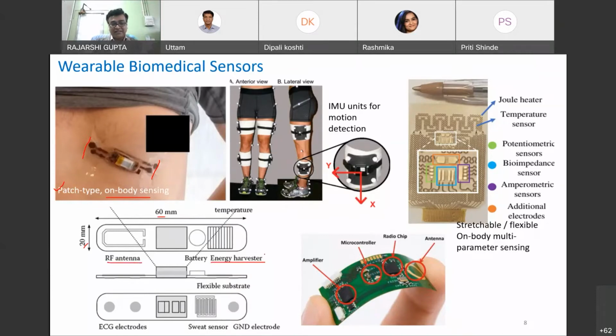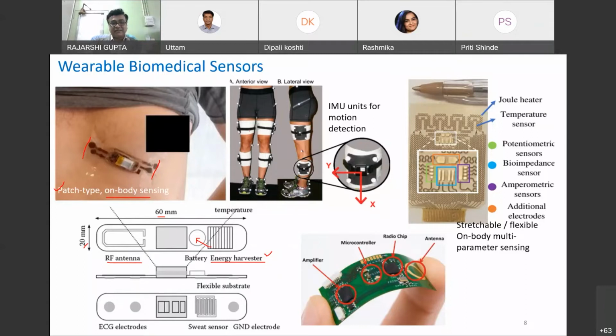This energy harvester is used for collecting energy from ambient sources, like changing magnetic field, sunlight, or some other RF sources. And this energy harvester basically powers up the battery, this small lithium-ion battery or cadmium cell battery.